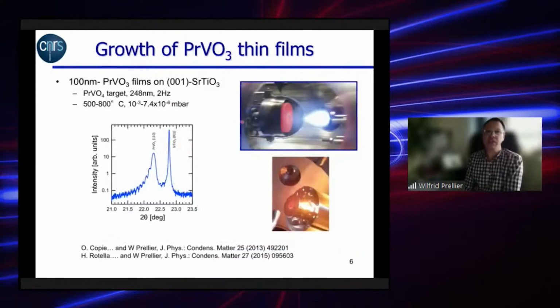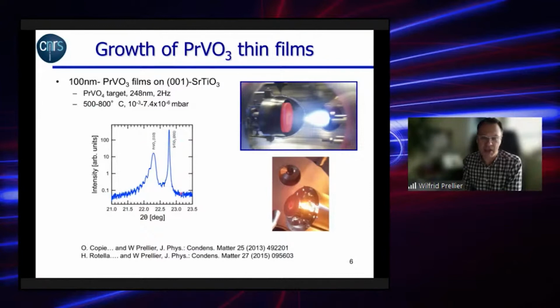So what we did is we grew some praseodymium vanadate thin film using pulsed laser deposition: a laser shining on the ceramic target, and under the impact of the laser you have a formation of a plume, and within this plasma will be condensed directly on the substrate, which is heated at typically 700, 800 degrees Celsius. The film is grown between 500 and 800 C under vacuum.